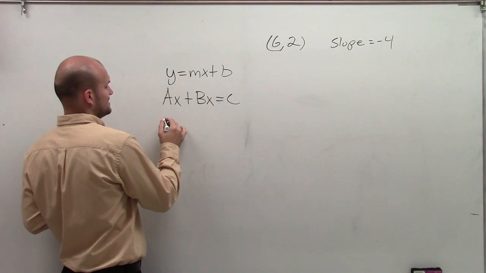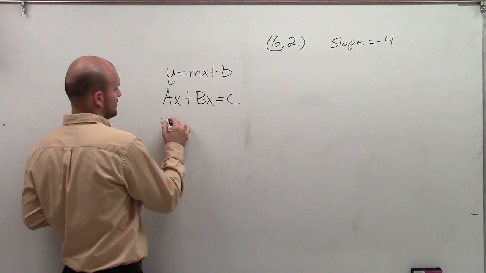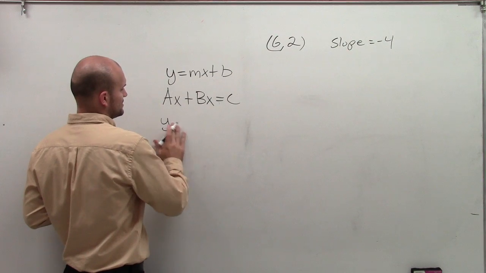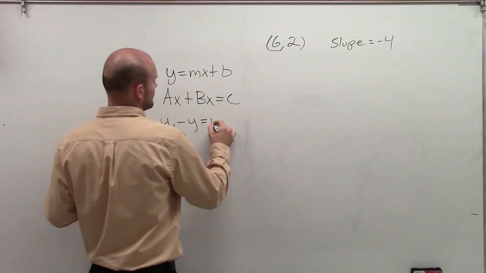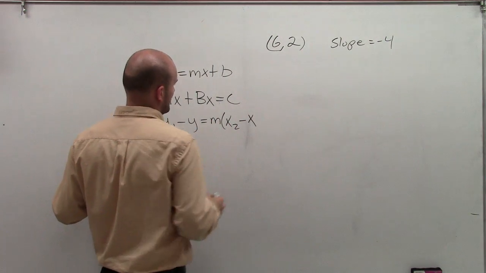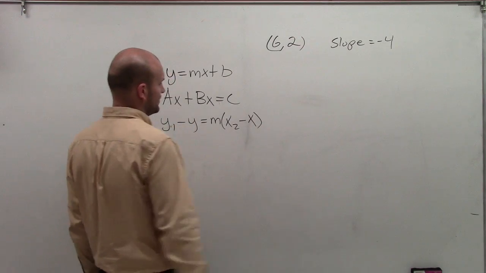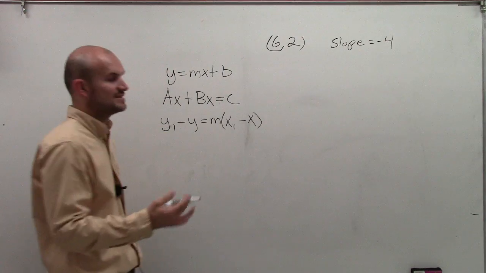What the formula states is, let's say you have y1 minus y equals m times x1 minus x. Okay? So let's just call them x. You can see I have these different x's.